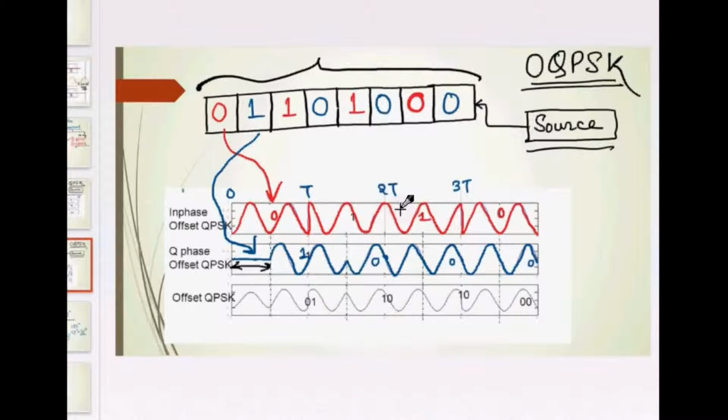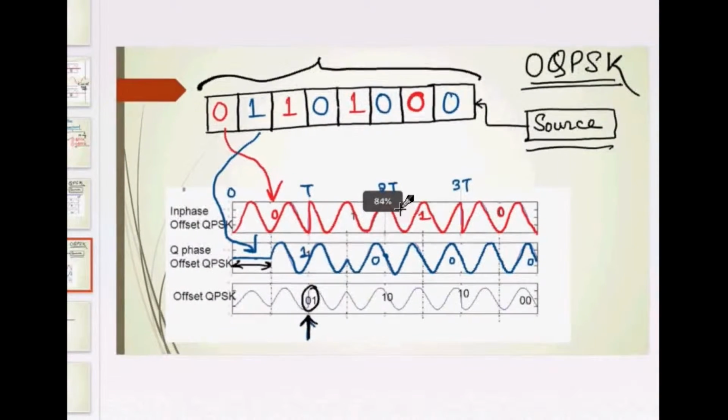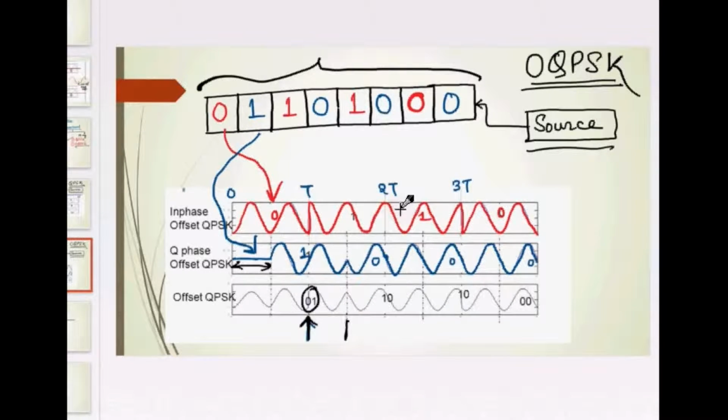Now consider the first sampling instant, that is this one. In this instance, suppose your data is 0 1. This is data 0 1. So in the constellation diagram, you are in this position. Sample at 3T by 2 seconds.